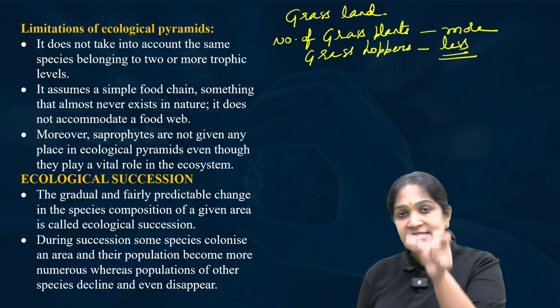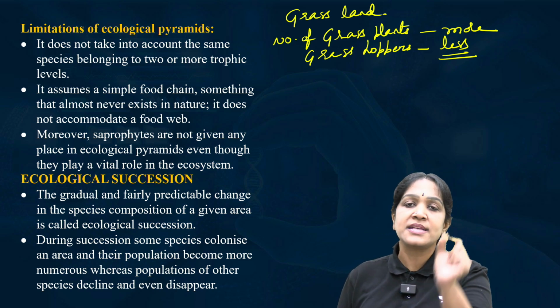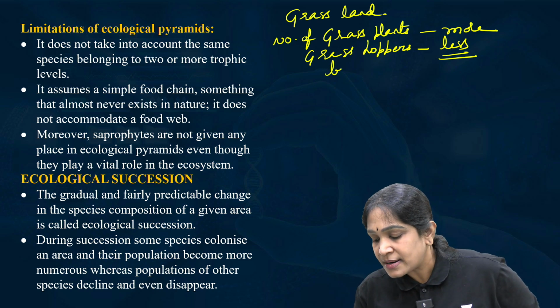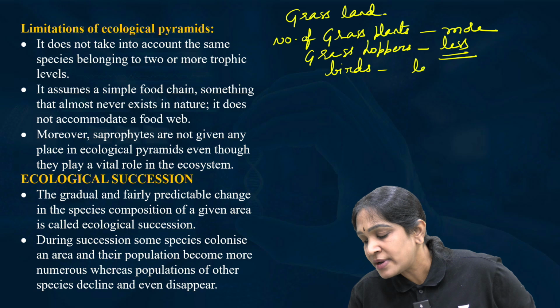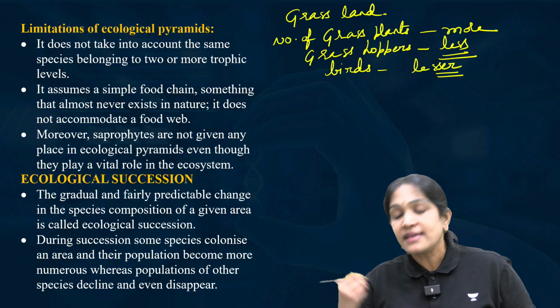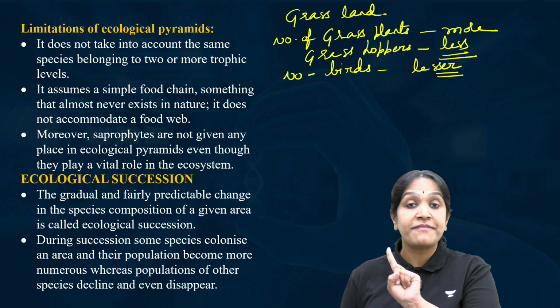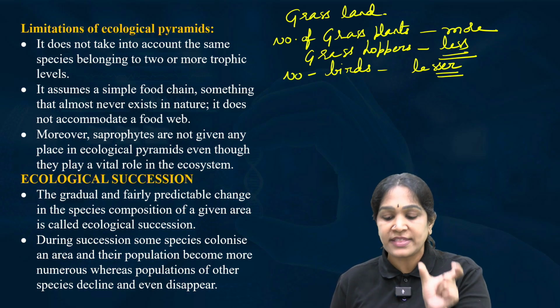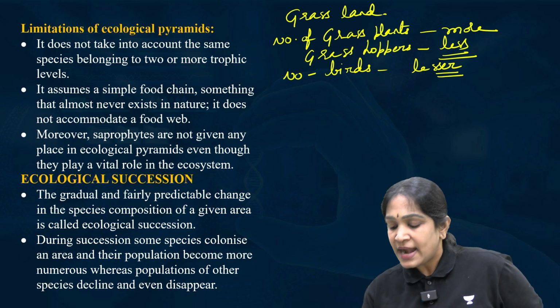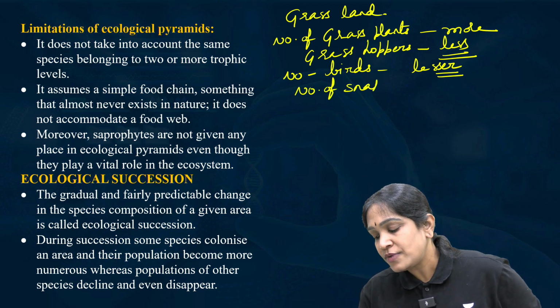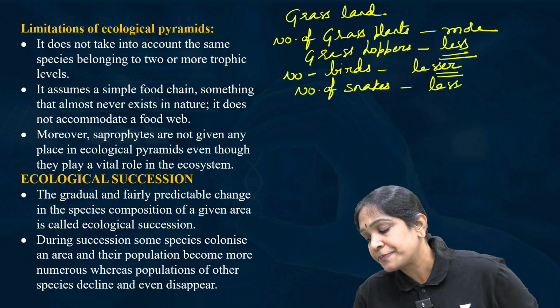The number of grass plants is more, grasshoppers are lesser than the number of grass plants. Okay, and then the birds are much more lesser than the grasshopper. And that is number of birds, not the weight of the birds. Number, only when the number you count. Okay, and then after that the number of snakes will be further lesser.